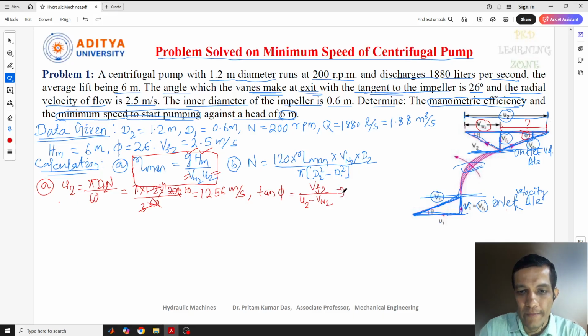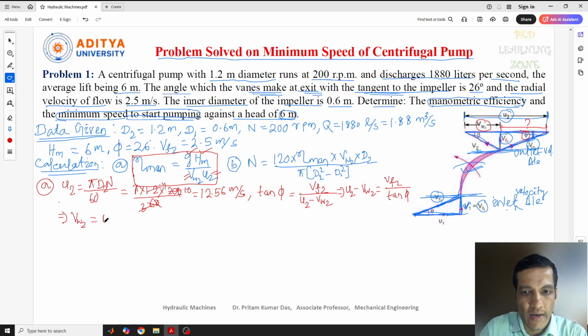So I'll take this term to the denominator: U2 minus VW2 equal to VF2 divided by tan phi. In the next line, I need only the value of VW2, so I'll keep VW2 on one side.